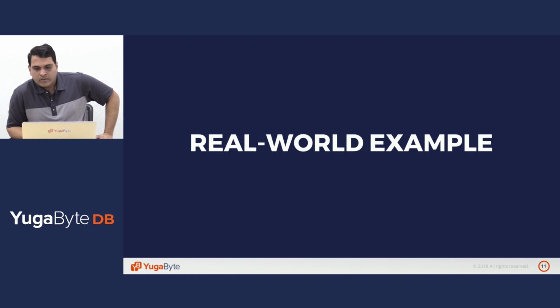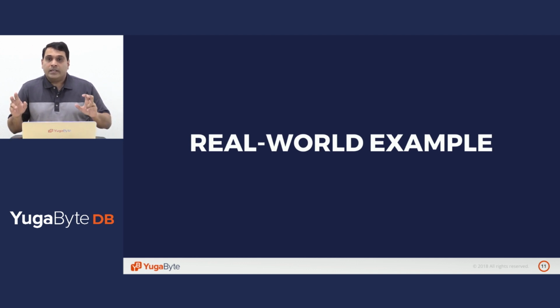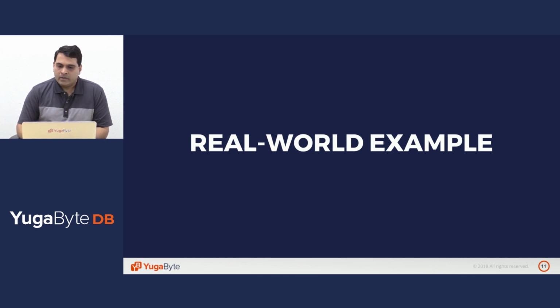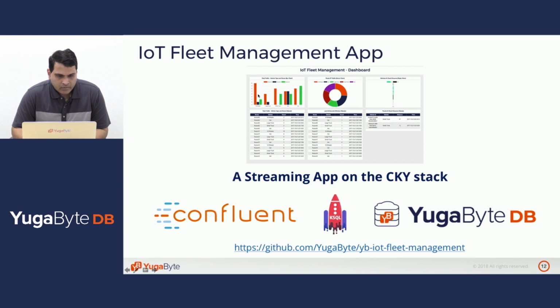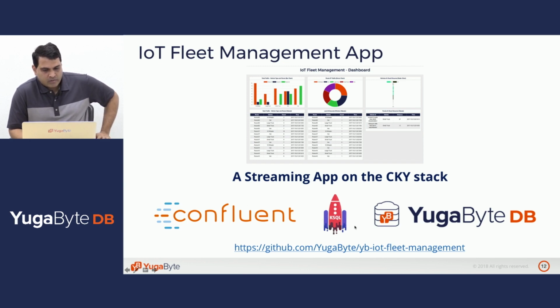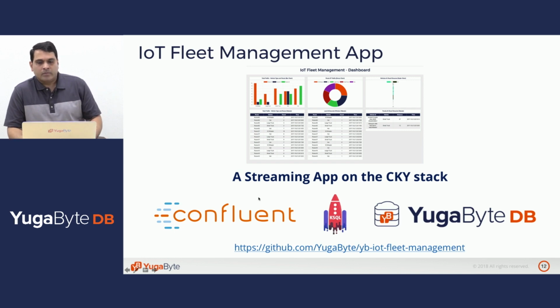So we call this the CKY stack app. We have the Confluent Kafka, we have KSQL for processing analytics, and we have a database which takes care of tracking the data in the backend. As a quick note, this is all open source, so the app itself is on GitHub. The link is right there below, at the bottom, for the app example.